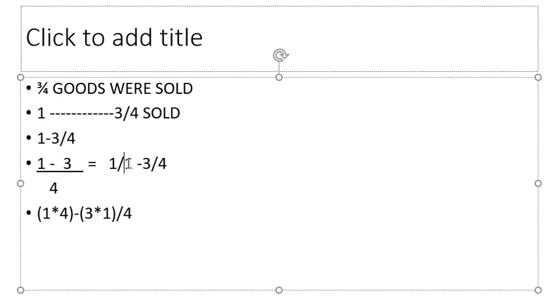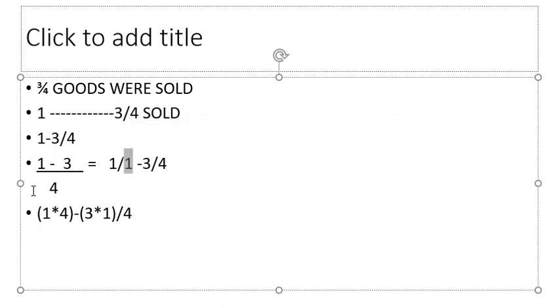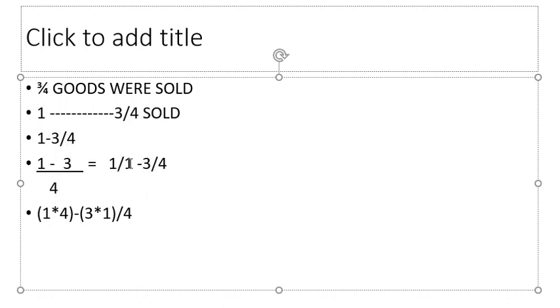So to get 4, because the LCM is 4, 1 into 4 will give you 4 as a denominator, and 4 into 1 will give you 4 as the denominator. To get the same denominator, we multiply 1 by 4 here, and the numerator will also be multiplied by 4.